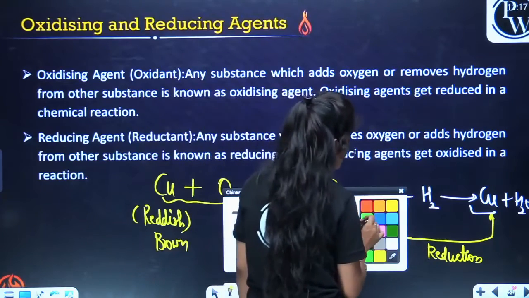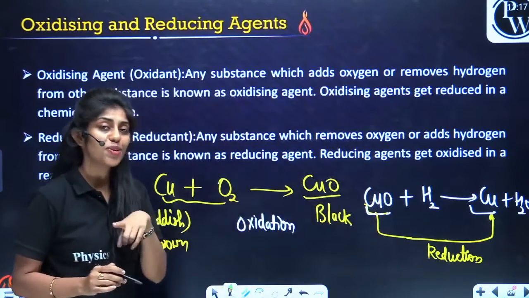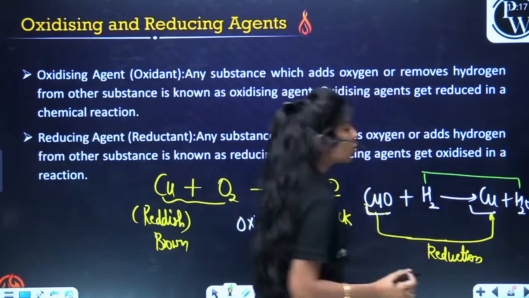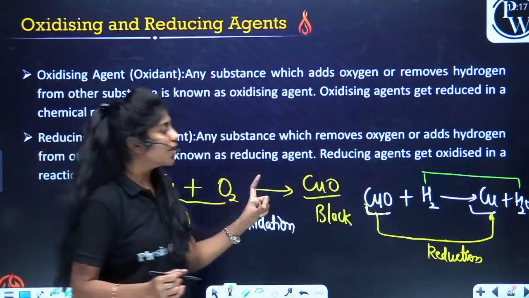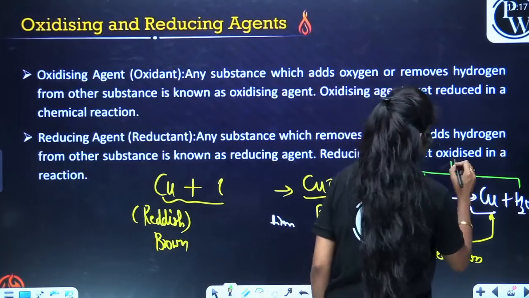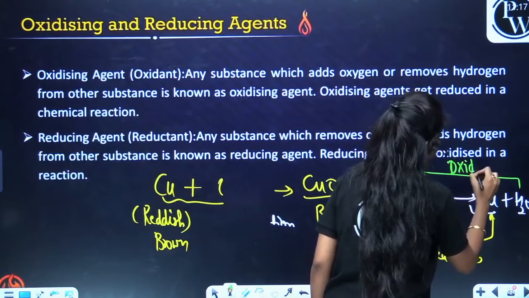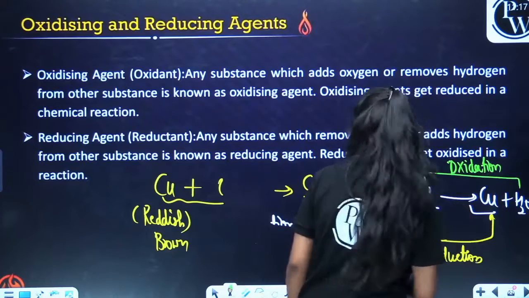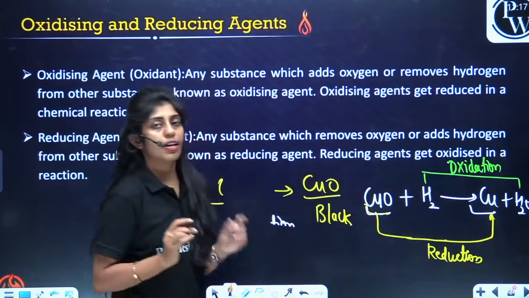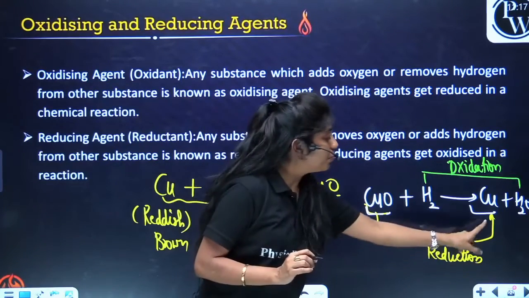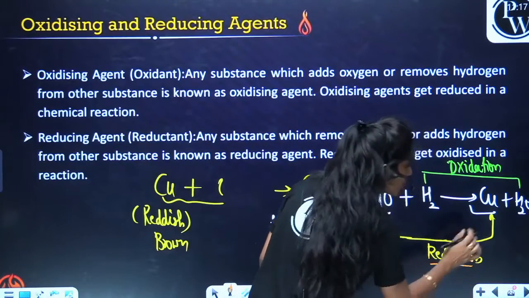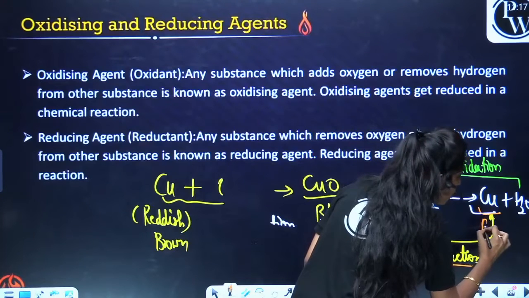Now, if reduction is there, there will be presence of oxidation also. Yes or no? Simultaneously, don't forget that. Now, hydrogen, compare the hydrogen from reactant and product side. You can clearly see this hydrogen is having oxygen in the product side. Why? Because there is oxidation that is taking place. Now, very minute detail you should notice. When we are moving through this arrow, if this is a reduction process, this species will be reduced or not?